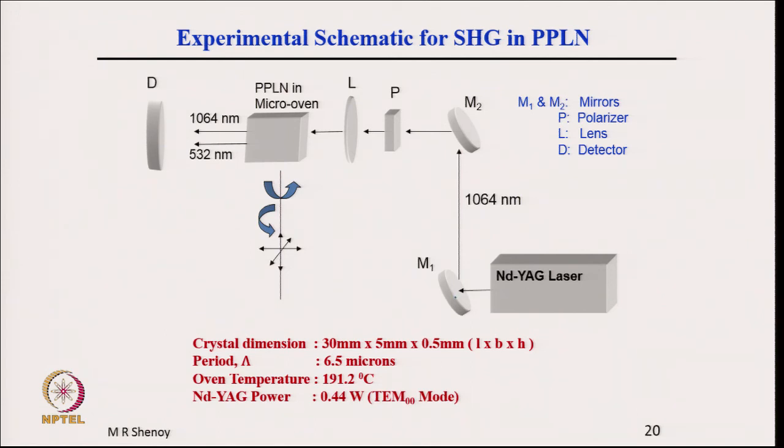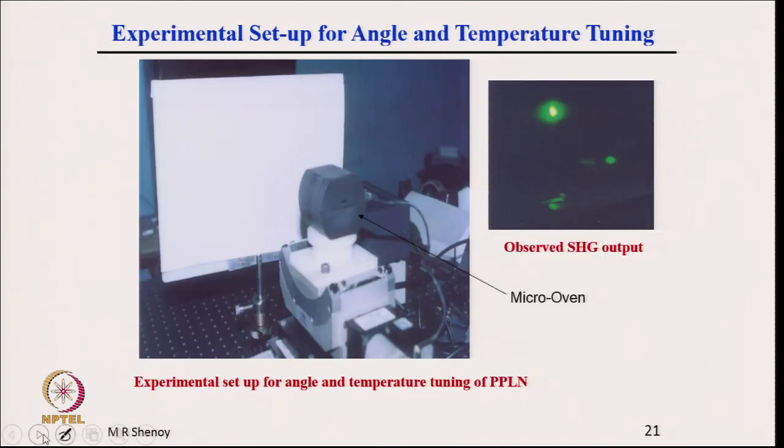So, here is an experimental schematic of the second harmonic generation, which we had done in our lab, using a Nd:YAG laser here, passing through a micro oven where the crystal is placed, and then we achieve second harmonic at the output. The experimental setup looks like this. It is a photograph of the setup. This is the micro oven, and we have a small slot here through which the laser light is pumped into the crystal.